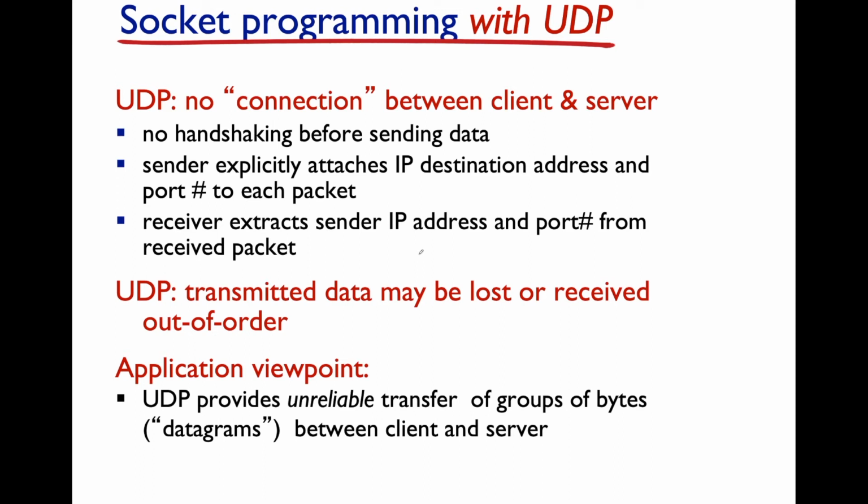And so from the application standpoint, UDP provides unreliable transfer to the recipient, and it transfers groups of bytes, or datagrams, between the client and the server. So it's not reliable. And again, the reason why someone might use UDP is because their application can tolerate losses and they would rather have the speed.